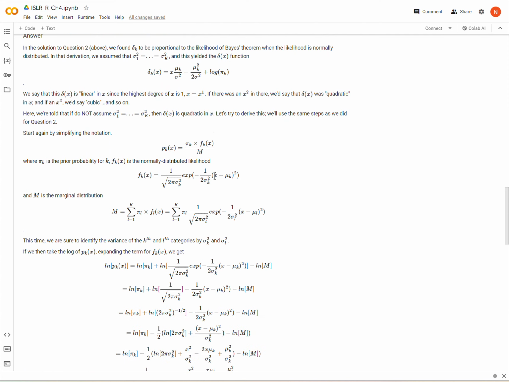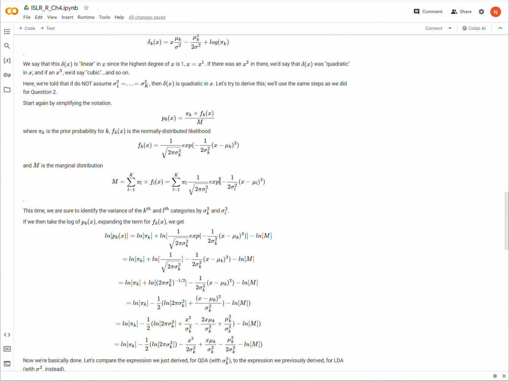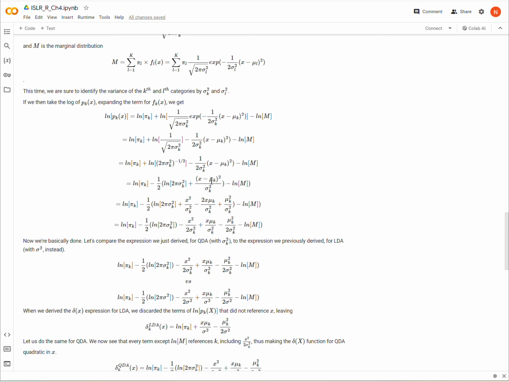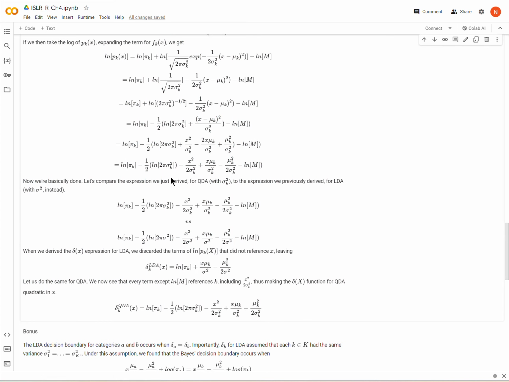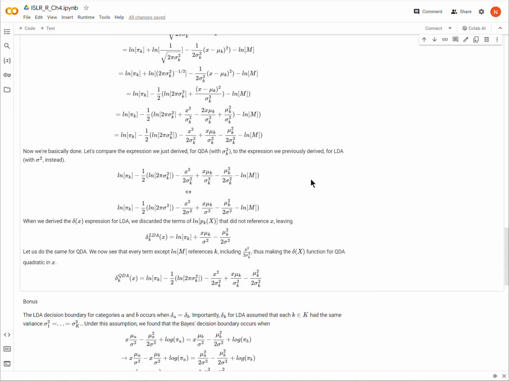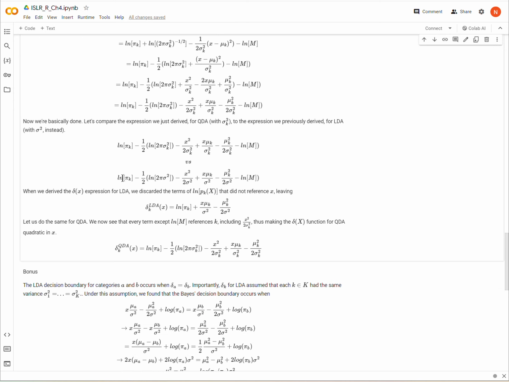I'm not going to walk through the steps here. You can follow that on your own time. But the important part here is that we are carrying through sigma k all the way through. All right, and so now at the end we have this big function here. Okay, and this is almost our delta function for QDA.